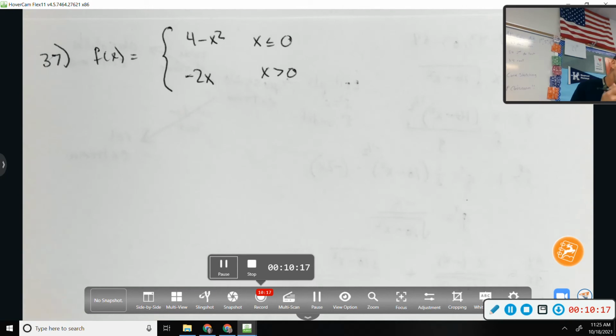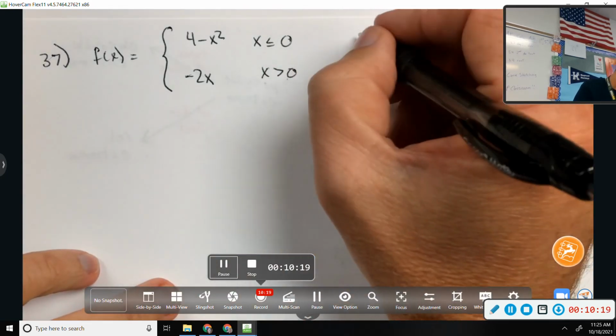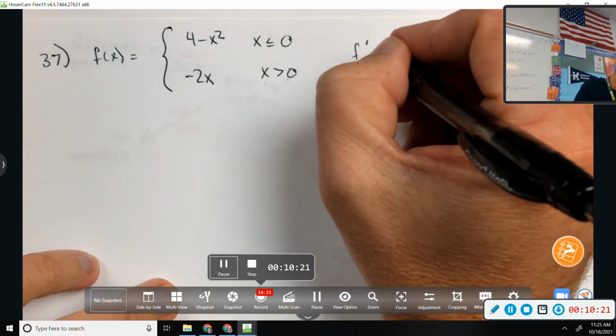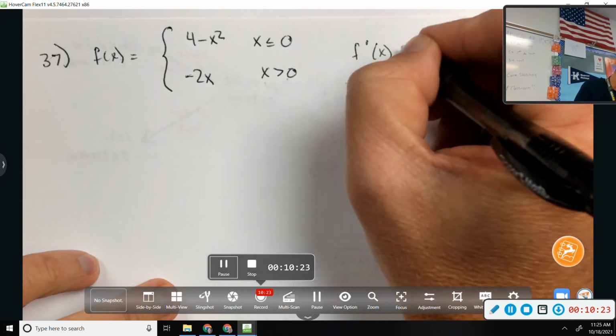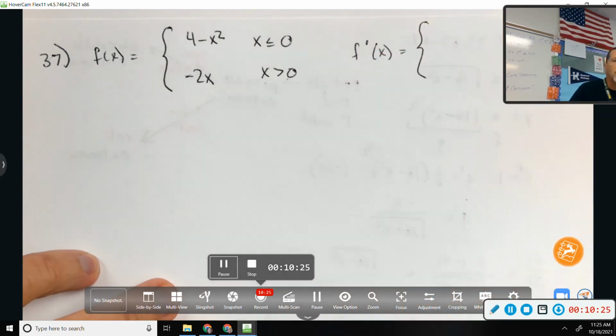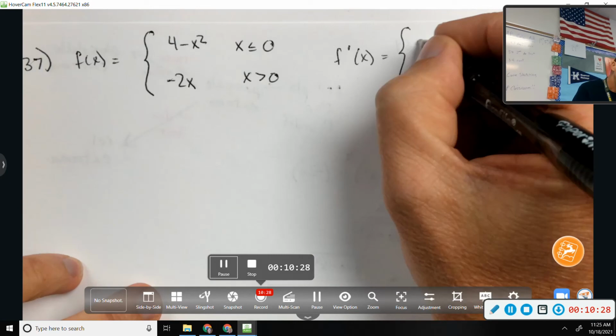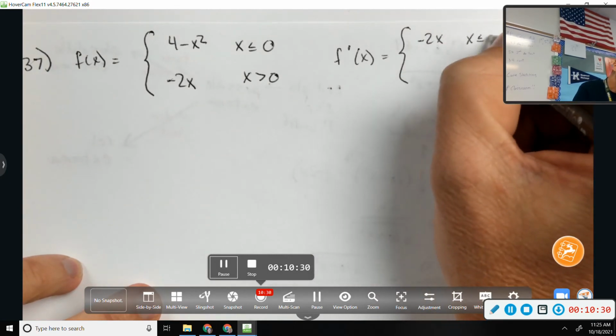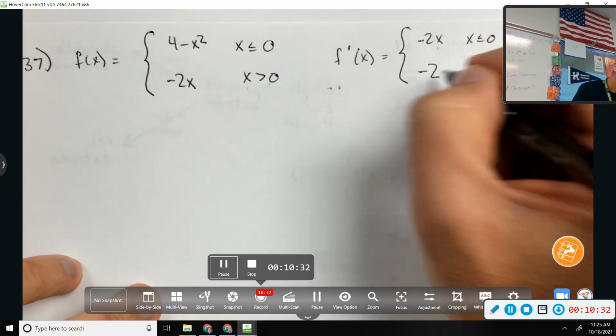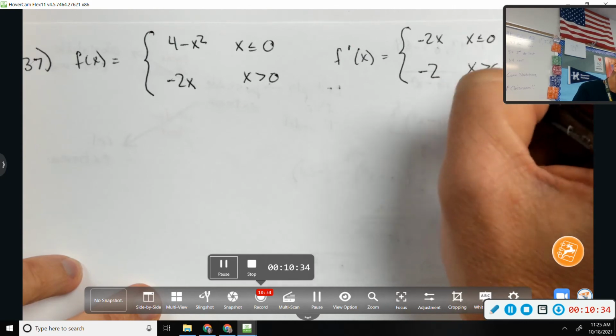So for f prime, we need to separate. We'll have a piecewise f prime as well. It's negative 2x when x is less than or equal to 0, and negative 2 when x is greater than 0.